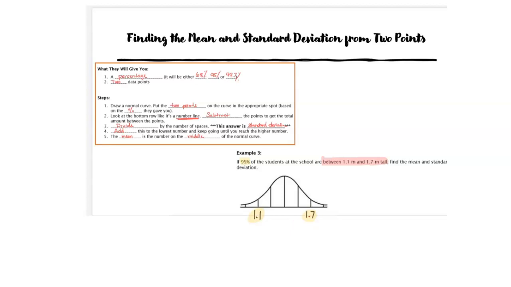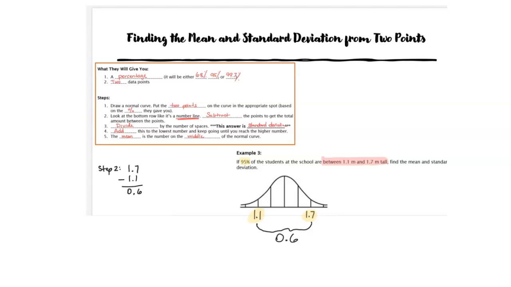So this is step 2. We're taking 1.7 and subtracting 1.1, and we will get 0.6. So that 0.6 means that 1.1 and 1.7 are 0.6 away from each other.